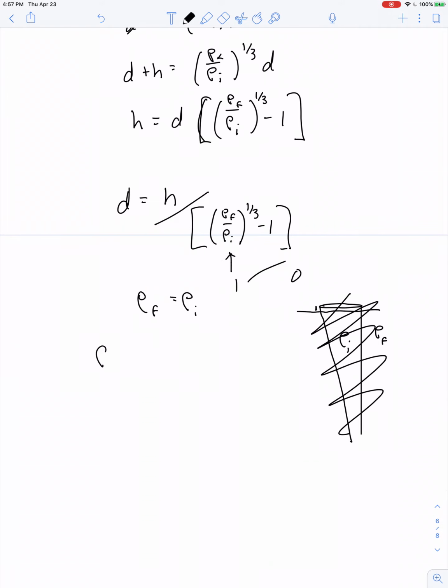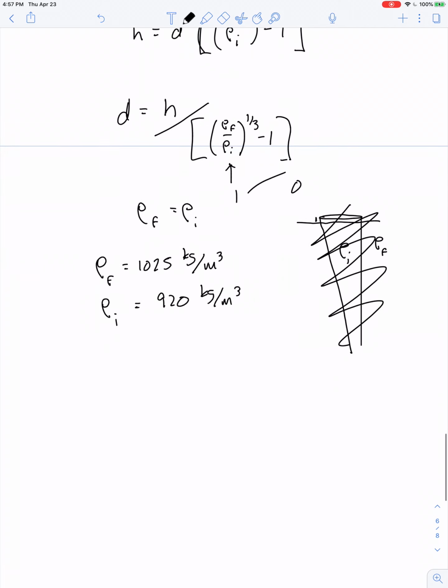The density of the fluid is seawater, which is about 1,025 kilograms per cubic meter. And the density of the iceberg, well, that's the density of ice, and the density of ice is about 920 kilograms per cubic meter. So given those values, you see there's no other variable in the equation, right?